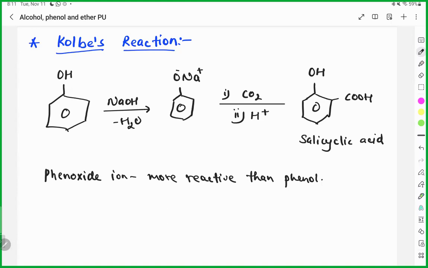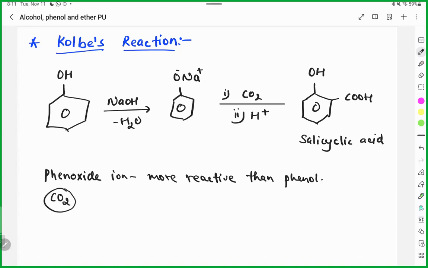One reason is this. Second, in phenoxide there are more resonating structures, even though the phenoxide ion is a highly acidic compound; there are more resonating structures compared to phenol, and stable structures are more. That's why here you are taking CO2.